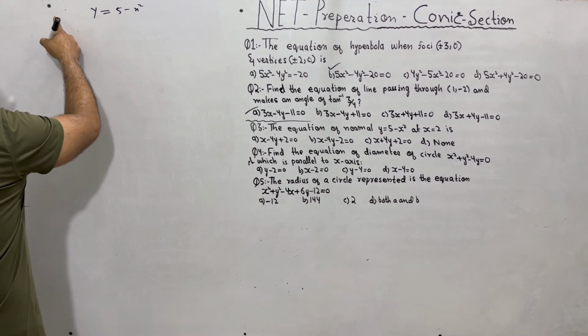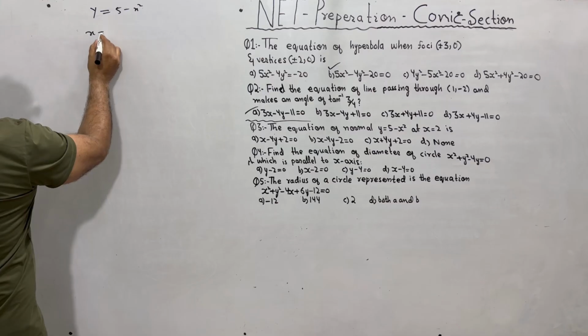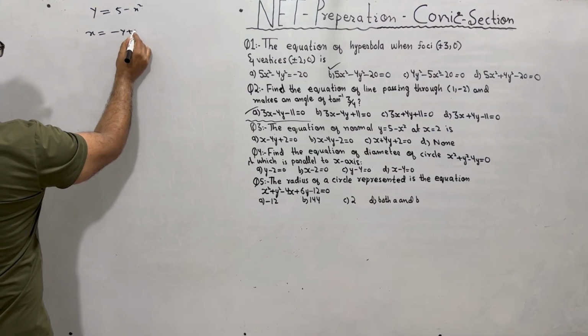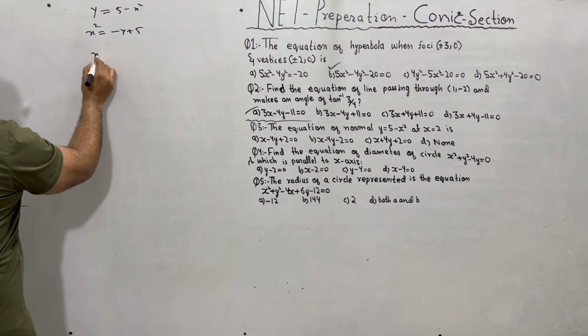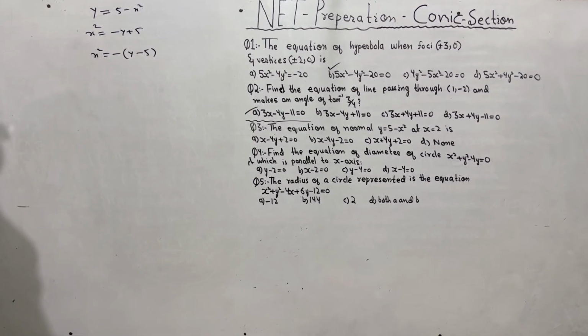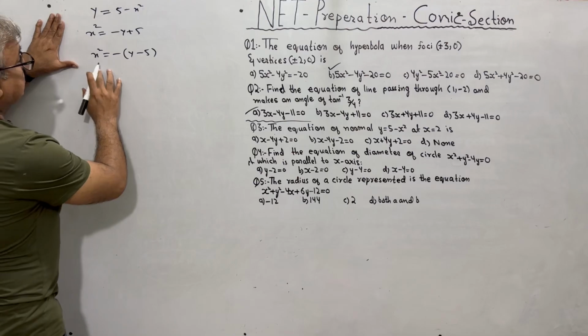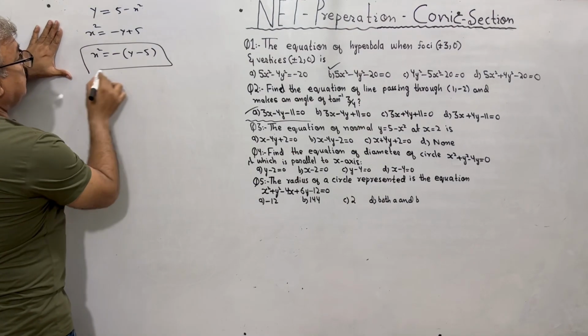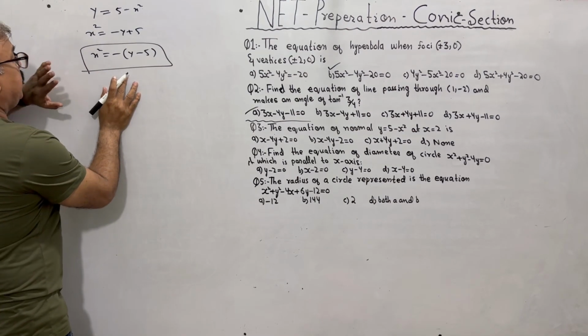If I shift x square here, it will become x square is equal to negative y plus 5, so x square plus y minus 5 is equal to 0. So that is our equation of parabola.